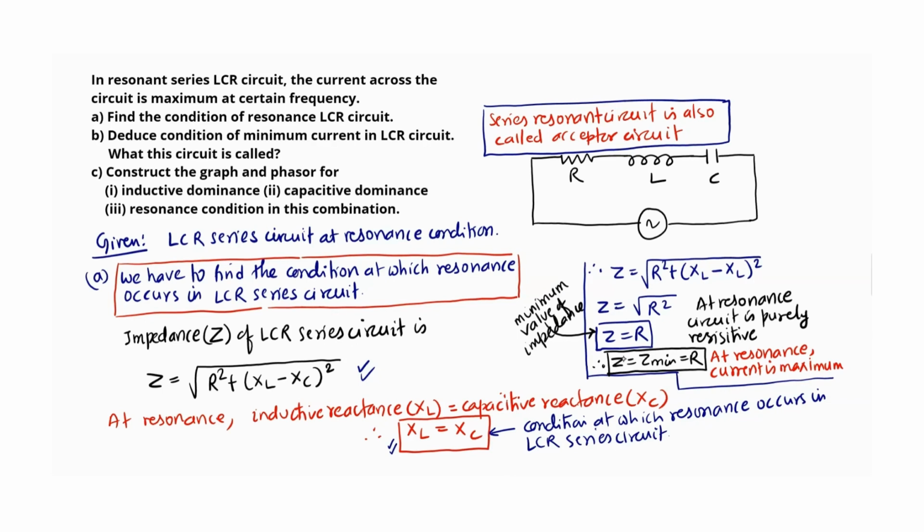Now for the solution of B, deduce the condition of minimum current in an LCR circuit. So we have to find the condition at which current is minimum. Clear?